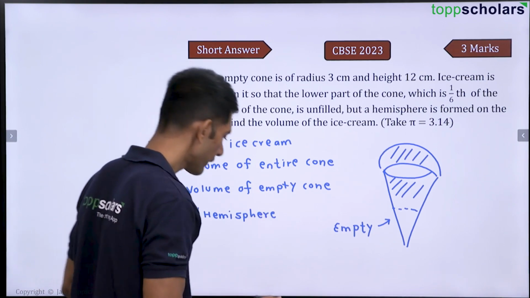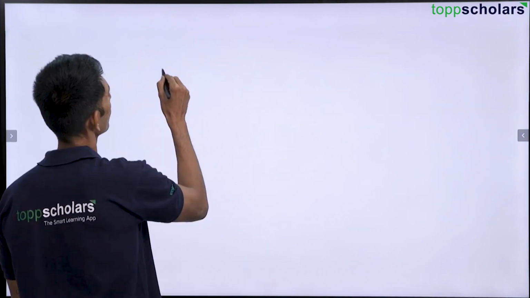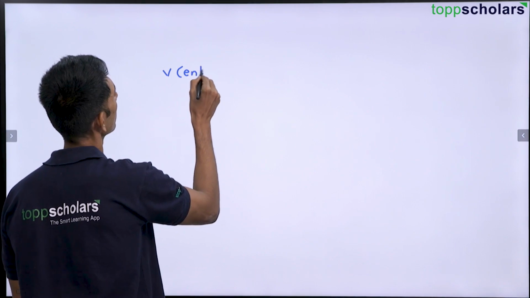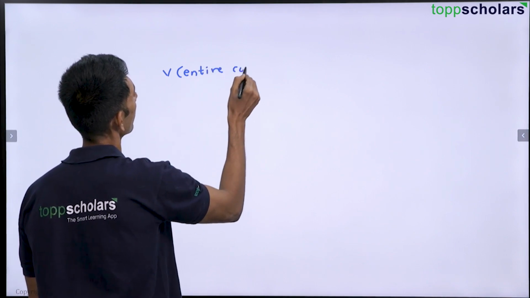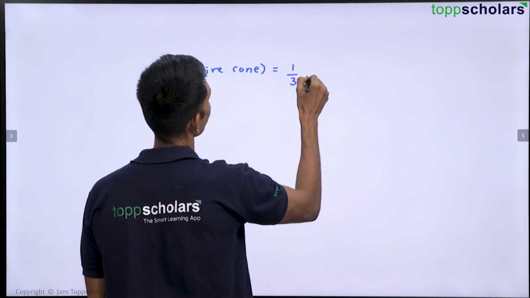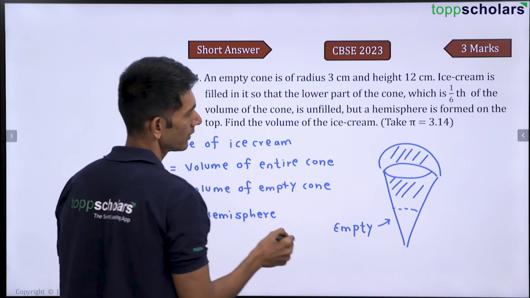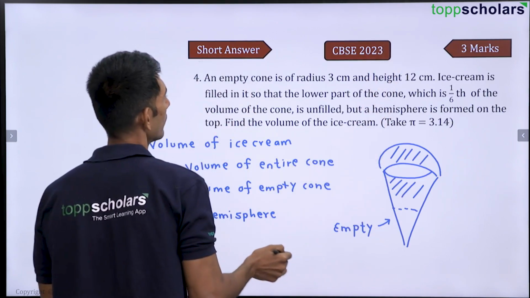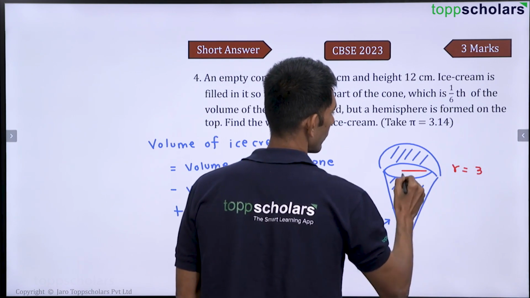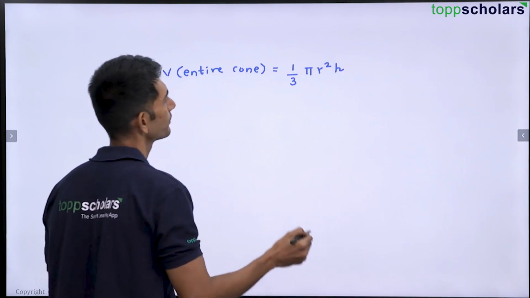So first of all, we'll find out the volume of the entire cone. So the volume of entire cone will be equal to what? 1 by 3 pi r square h. So for this cone, what is the radius? The radius is 3. What is the height? The height is 12.